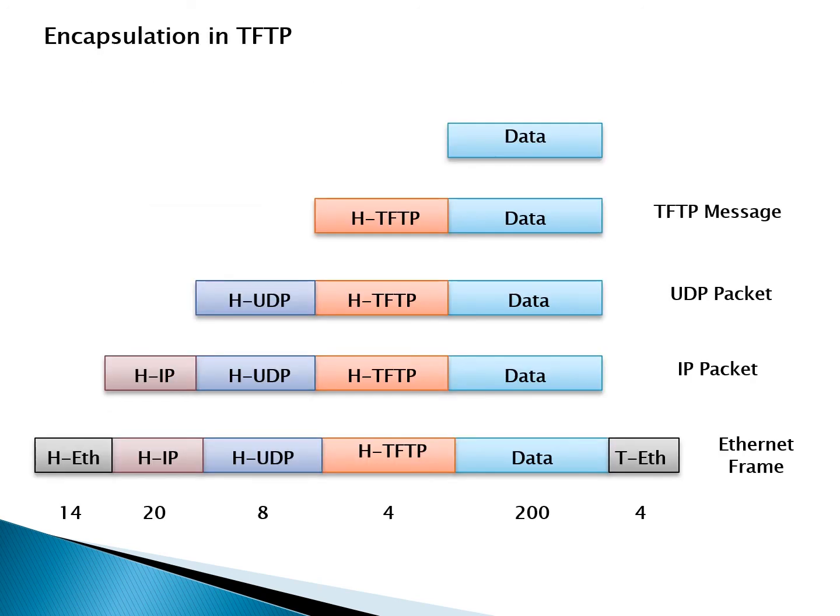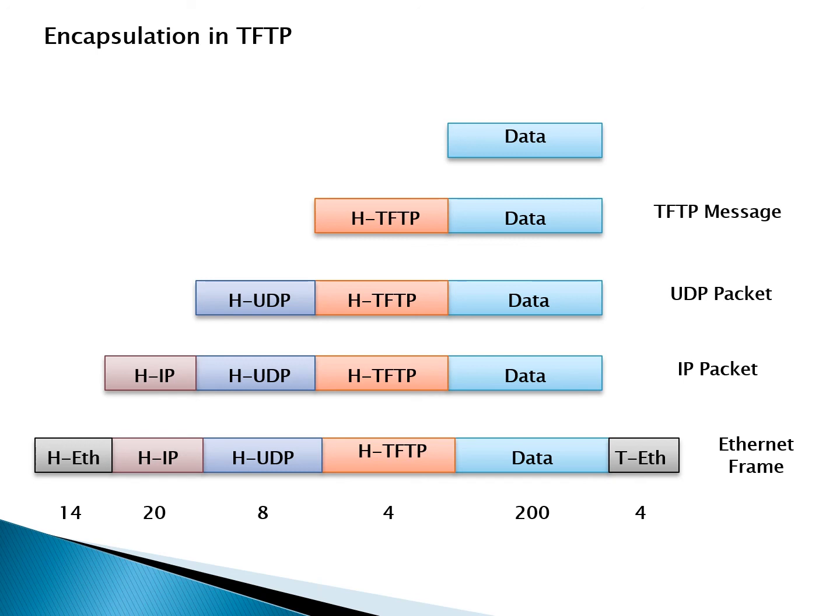Now you can see here the data is 200 bytes. At the TFTP application layer, 4 bytes of application header are added. So this is the data which is TFTP generated. It sends it down to the transport layer. TFTP uses UDP, not TCP. That's why a UDP packet is generated.